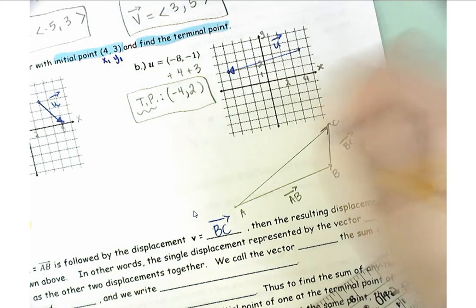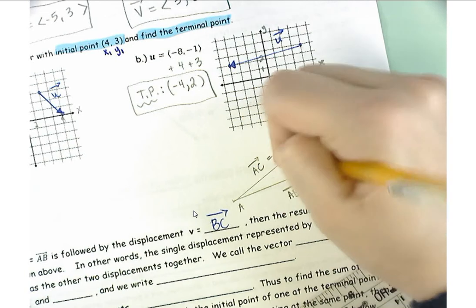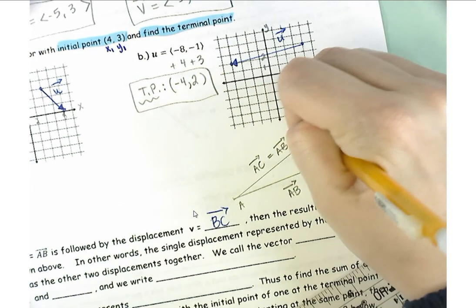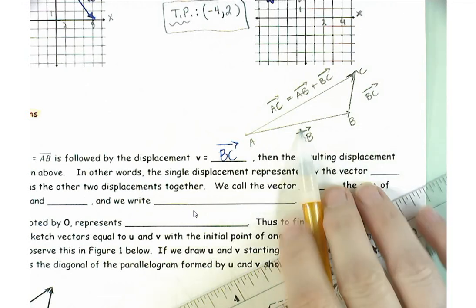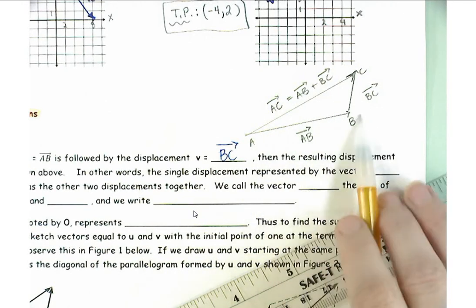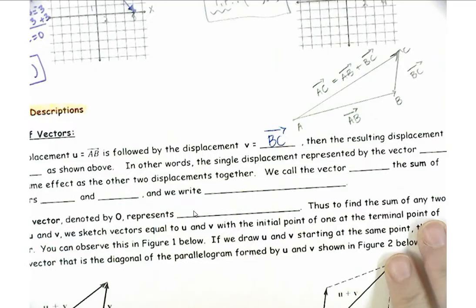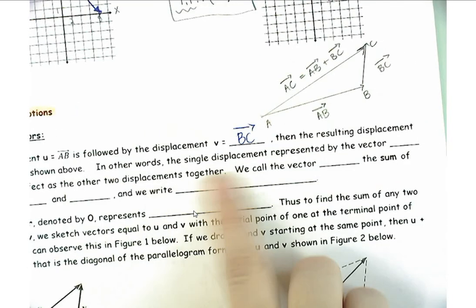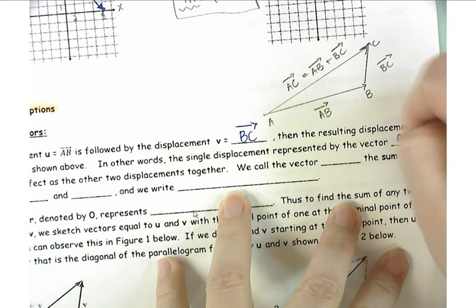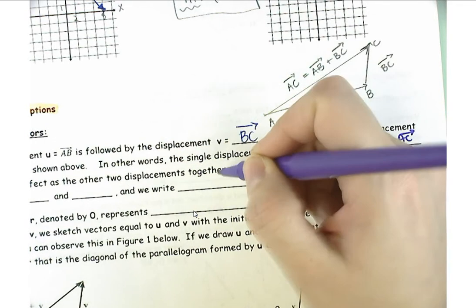Okay, so that vector AC comes from the addition of AB and BC. Okay, so AC is equivalent to these two vectors, the sum of those two vectors. Okay, so this just says, in other words, the single displacement represented by the vector AC has the same effect as the other two displacements together.